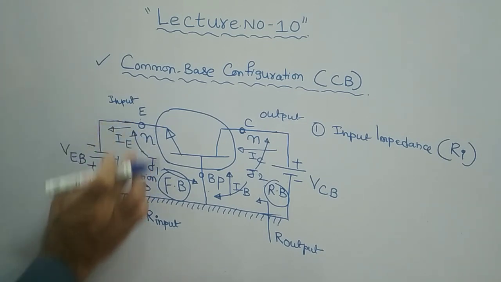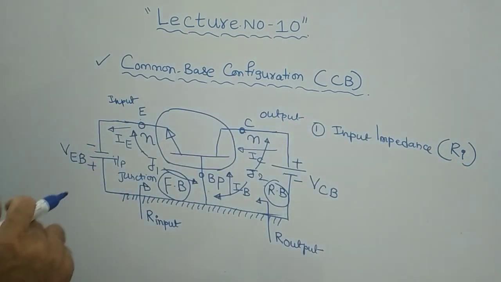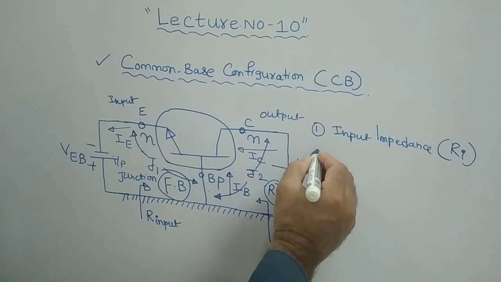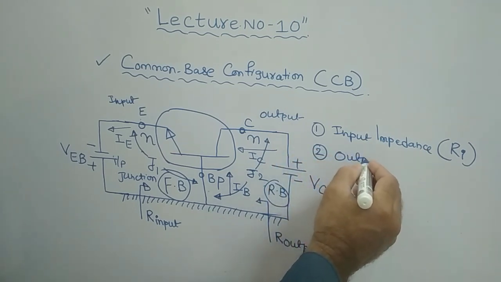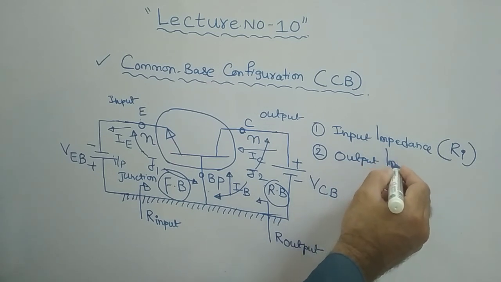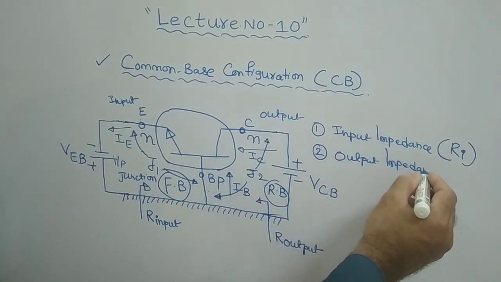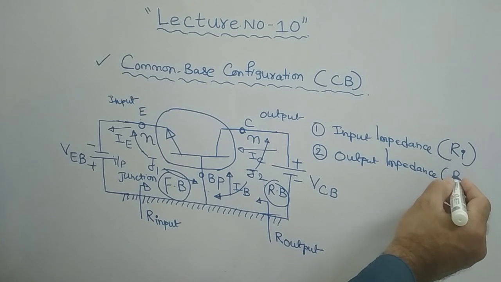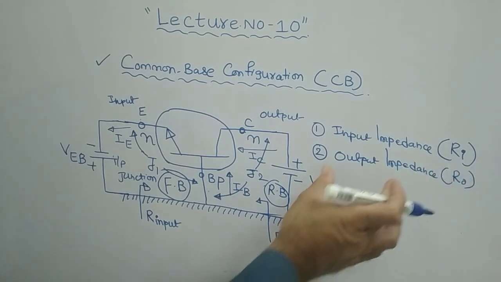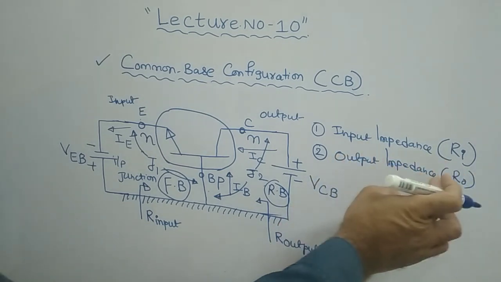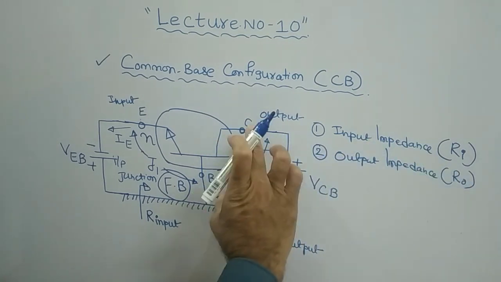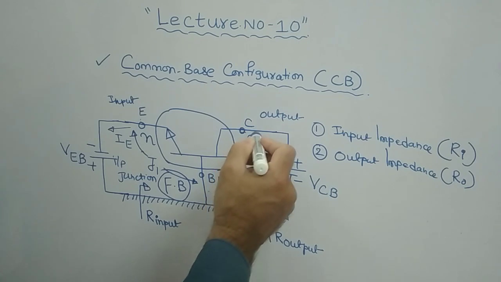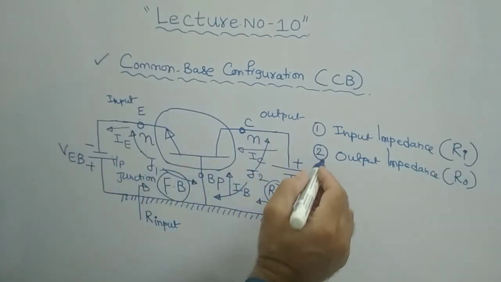So at this input junction, that impedance will be measured, right? That is input impedance, one parameter. The second parameter is output impedance, which is again simply R suffix naught. Normally this impedance is measured at the output junction, at the output between collector to base here. This is the second parameter.